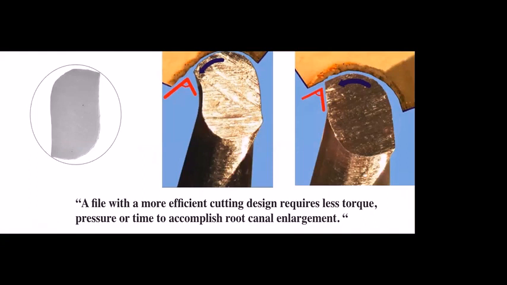The cross section of the CC files is an italic S. And this cross section, according to Max Spaden in the book, is slightly positive. So what does it mean? It means that this kind of design is very effective to cut the dentin and to remove the debris that we create during the instrumentation.